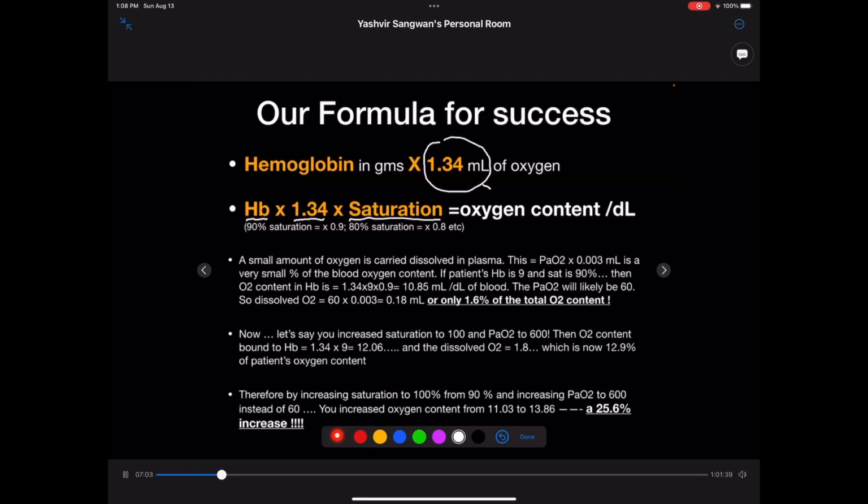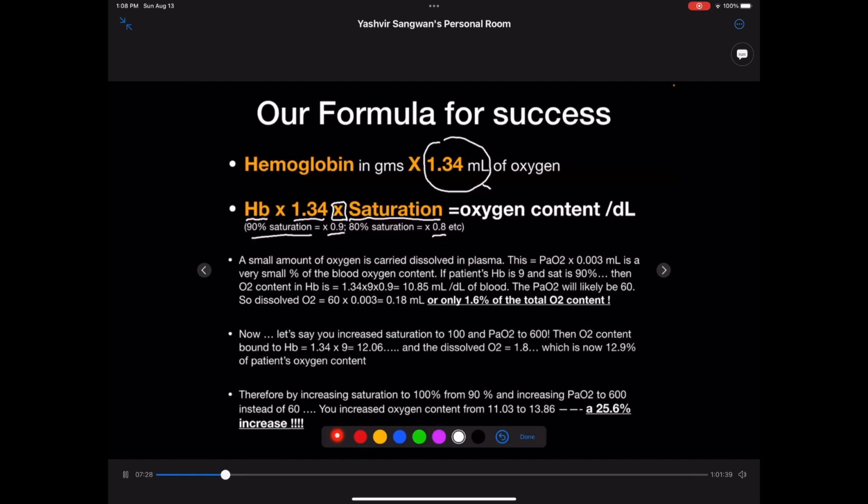If you are 90% saturated, then that becomes 90 over 100 or 0.9, and the amount of oxygen content of the blood has to be multiplied by 0.9 in order to get your oxygen content. And if it is 80% saturation, it is 0.8, etc., etc.